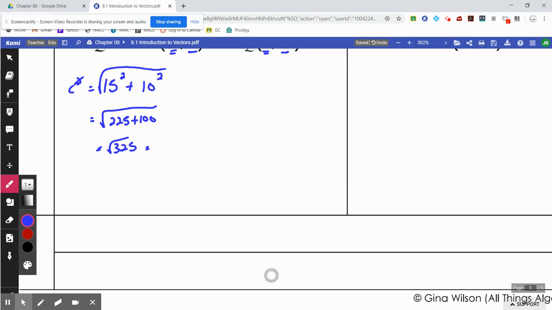I know there's a root 25 in there, so we can split this into the square root of 25 times the square root of 13. So that's one answer. Or you can give the decimal answer, which is approximately 18.03.